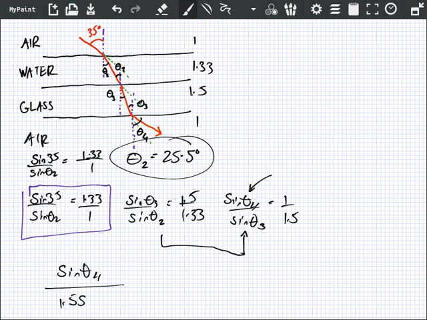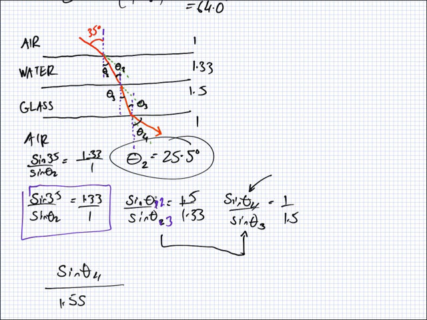Sine 2 over sine theta 3 equals 1.5 over 1.33. Okay. Next one is wrong. That one should be 3, 4, is it? Yeah. Sine theta 3, right, okay.